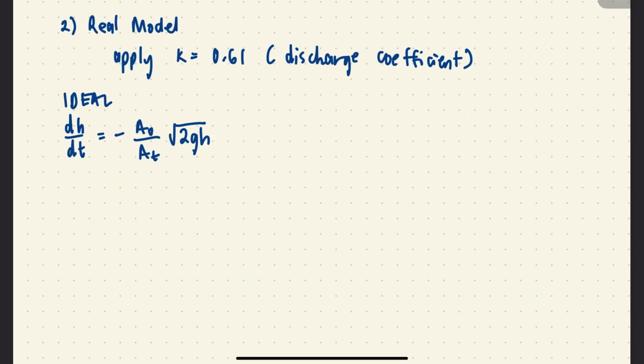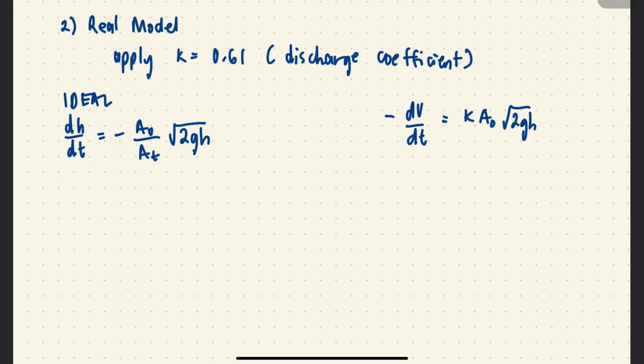And for the real model, we will just be applying your discharge coefficient K, which is equal to 0.61. You just add them into the equation. So instead of having your equation negative dv over dt is equal to negative A sub o, this becomes K A sub o square root of 2gh.